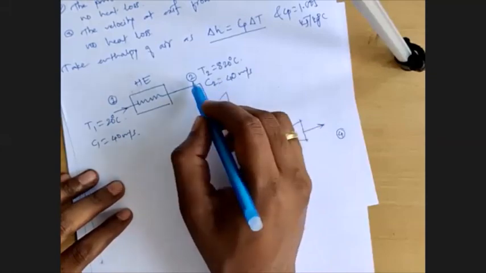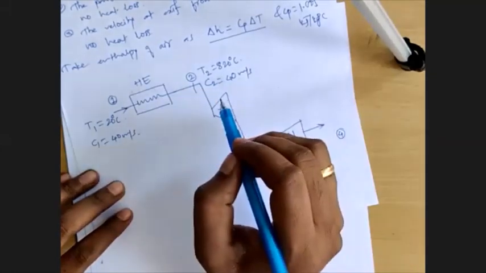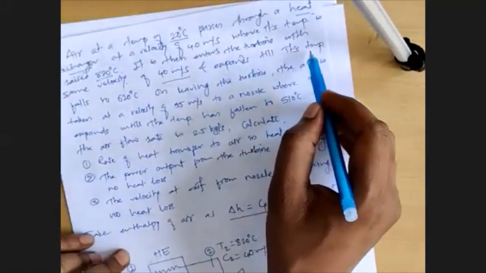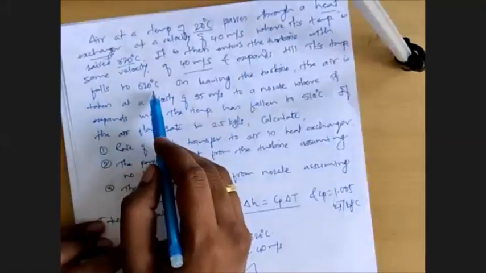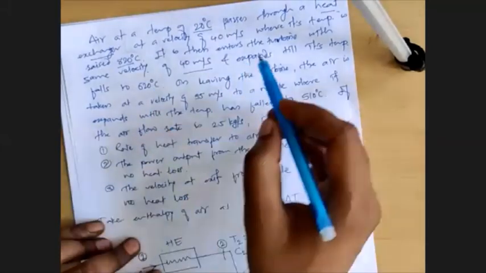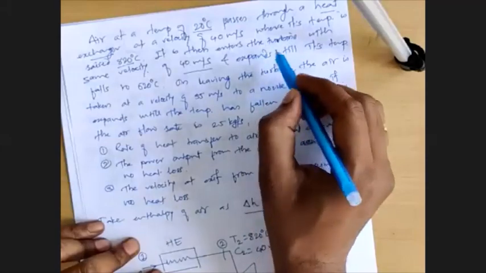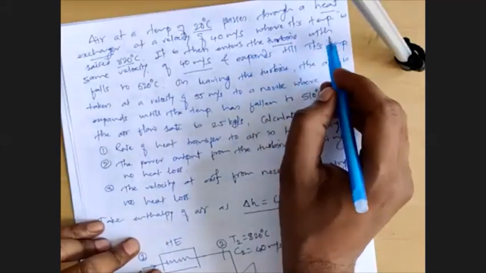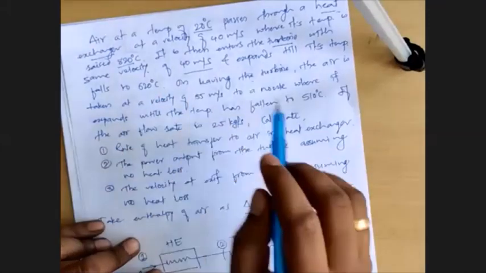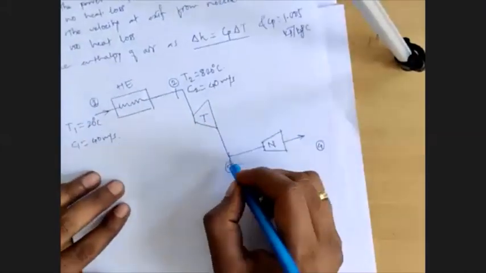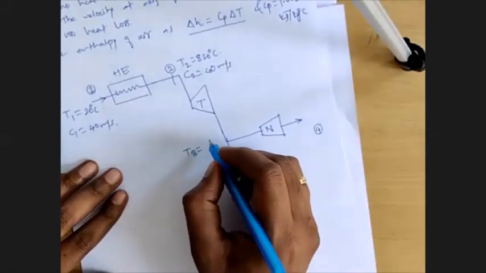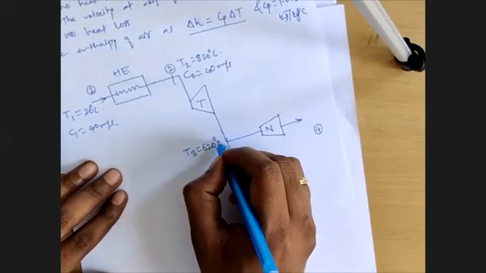So for section 2, C2 is 40 meter per second. Next, it expands till its temperature falls to 620 degrees Celsius. So when it passes through the turbine, its temperature becomes 620 degrees Celsius. So at section 3, temperature T3 has become 620 degrees Celsius.